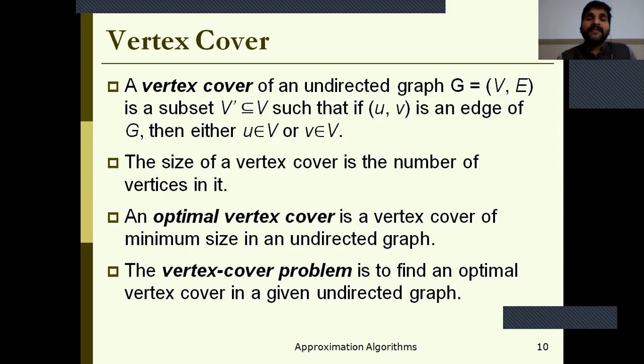The size of a vertex cover is the number of vertices in it. An optimal vertex cover is a vertex cover of minimum size in an undirected graph, and the vertex cover problem is to find an optimal vertex cover in a given undirected graph.